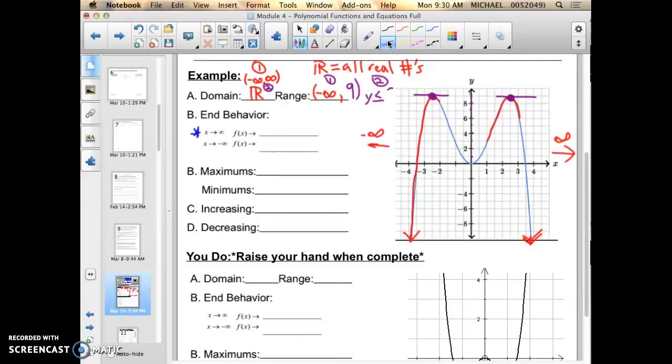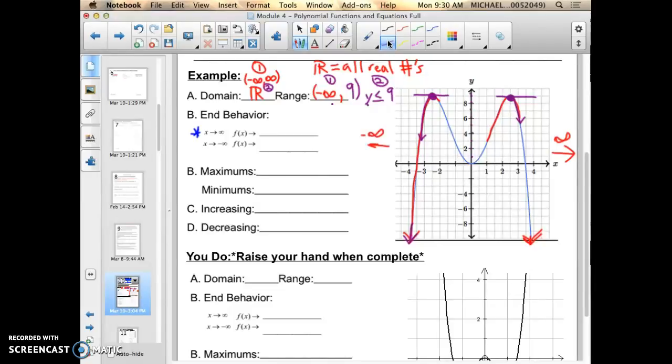So if you see this, all y values are less than or equal to 9, so that means all y values below 9 exist, because it goes on forever. Or negative infinity to positive 9 means the same thing. This is just interval notation and inequality notation. So that's domain and range.